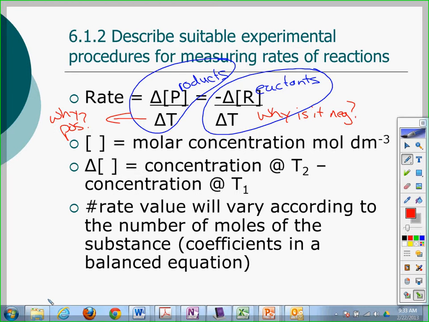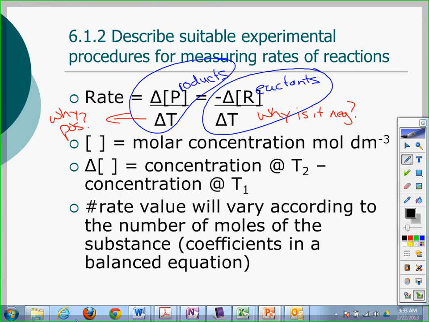Because since you're starting out with all reactants, you want to lose a significant portion, which will give you a negative answer. Remember, these two are separate.